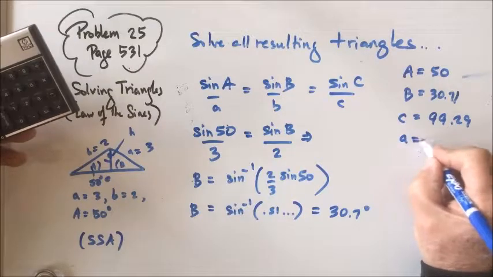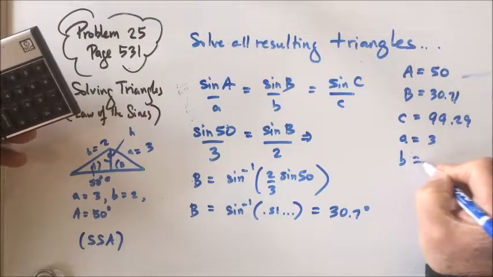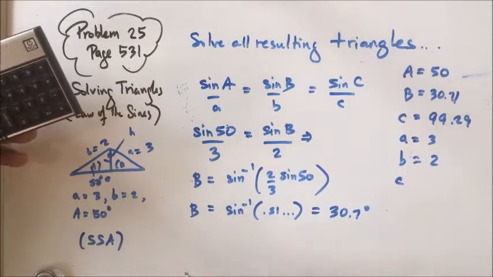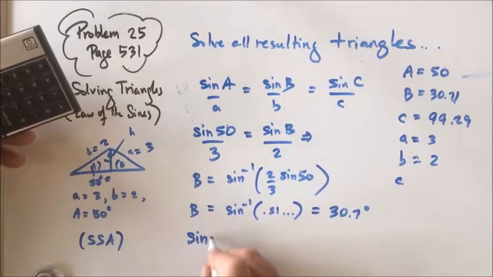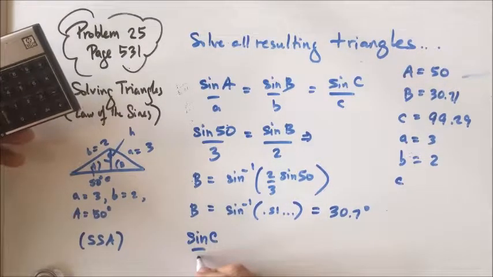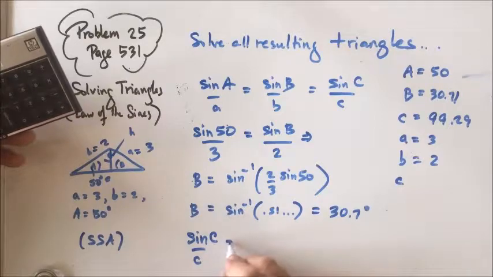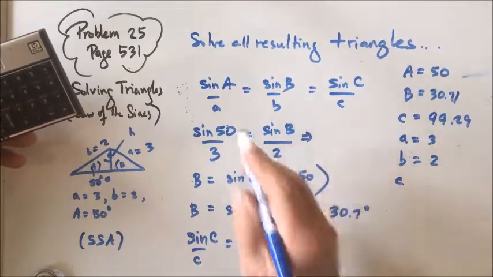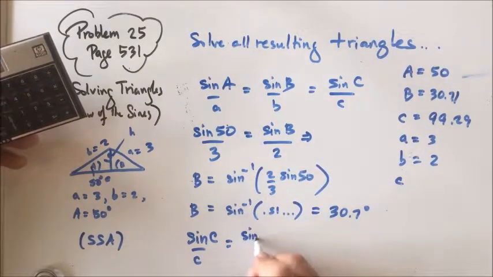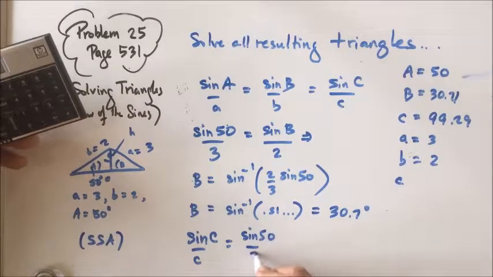I've got A is equal to 3. I've got B is equal to 2. What the heck is C? I will get it from sine C over C is equal to sine 50 over 3.